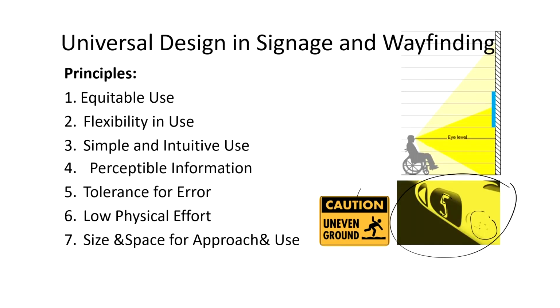Now next is simple and intuitive use. Signage design should be straightforward and easy to understand. Clear symbols, contrast, consistent layout and logical organization enhance usability for everyone. Using universally recognized symbols and icons on signage, such as arrows, directions, and symbols for facilities like restrooms, ensures intuitive understanding across different cultures, backgrounds and language barriers.